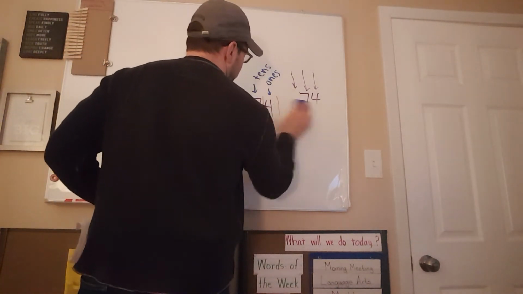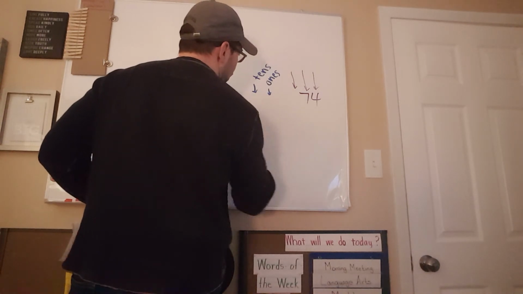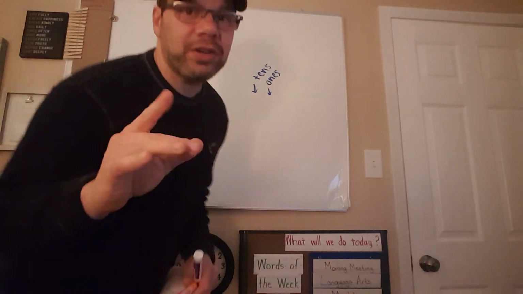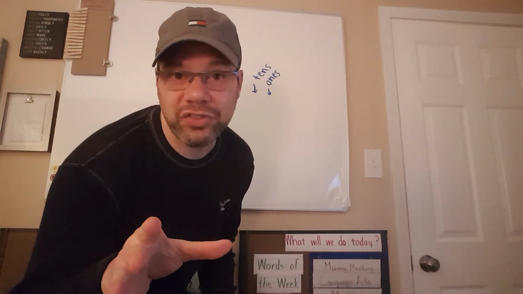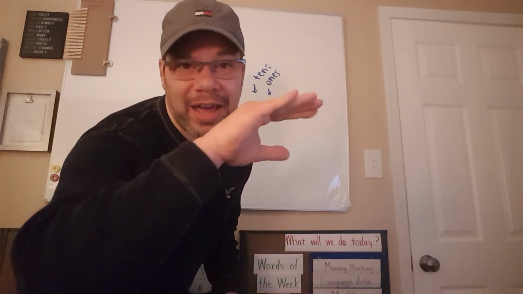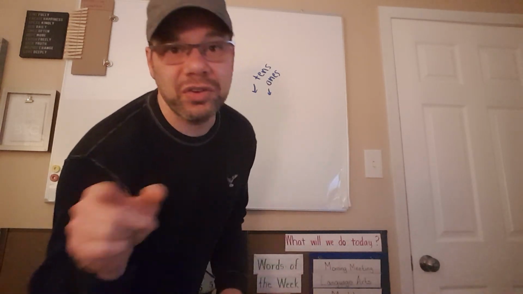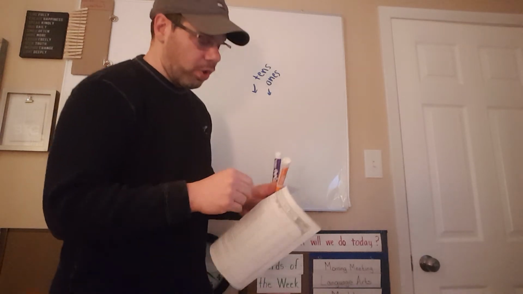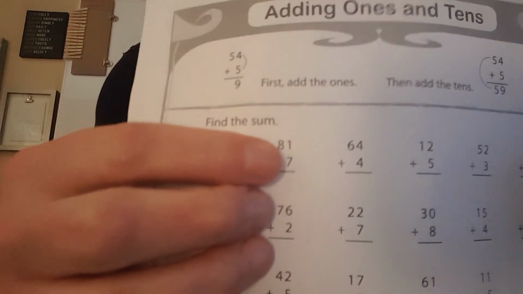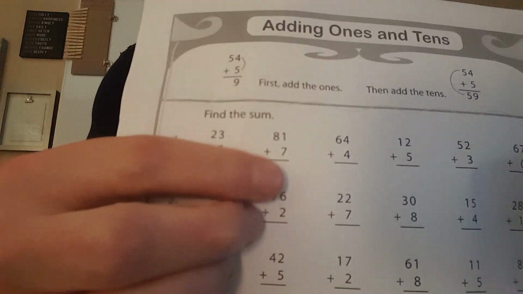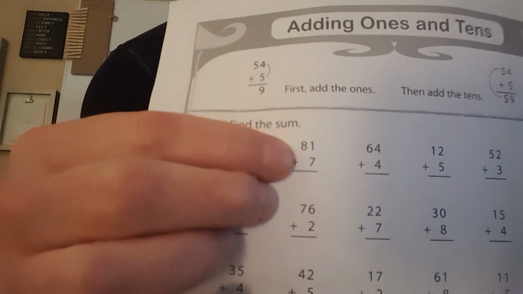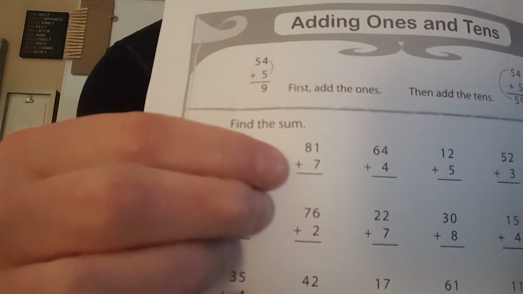Let me give one more example of that, and then you should be ready to go. Sometimes, now I lined up an equation that had a 10s and a 1s and a 10s and a 1s. So that's easy to line up. But when you have one that's a 10 and the other one's a 1, you need to line them up like this. Do you see how this one, 81, I'm looking at it backwards. 81 plus 7.